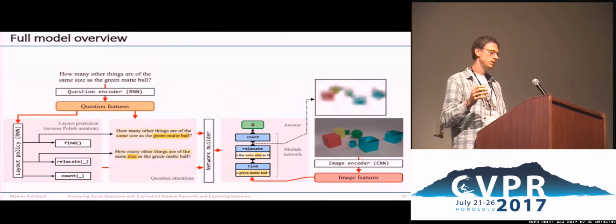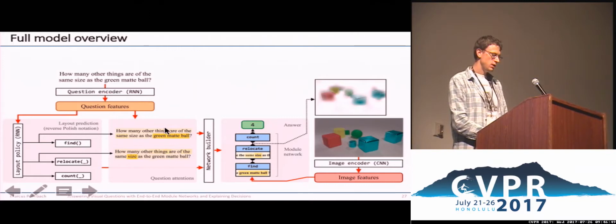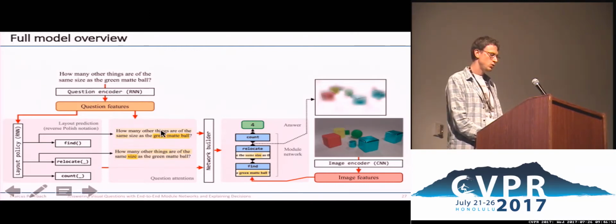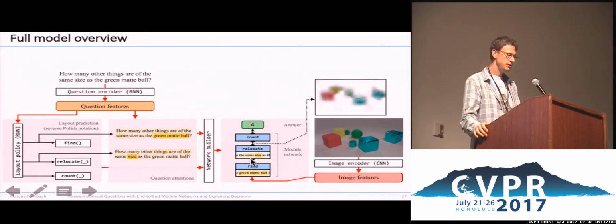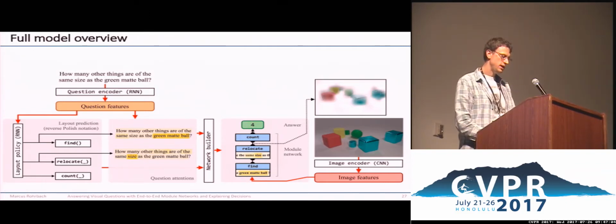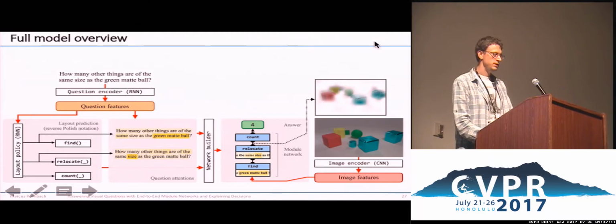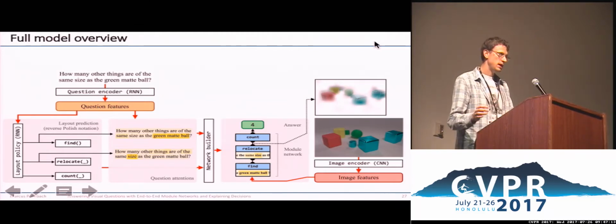And each of the modules, which you can see here on the right, attends to parts of the text. And then we build this network, which gets attended text features as input and either attentions or different image features. We execute it, and then we predict the answer.